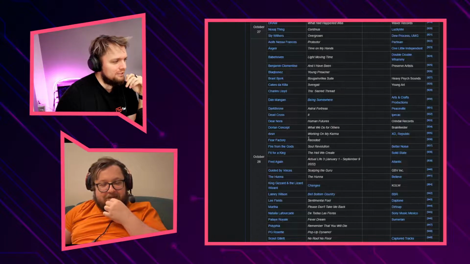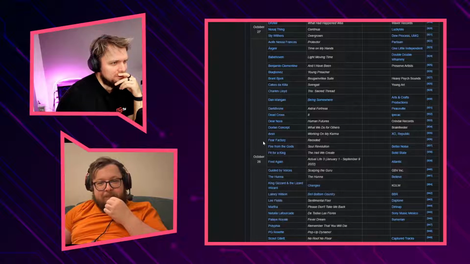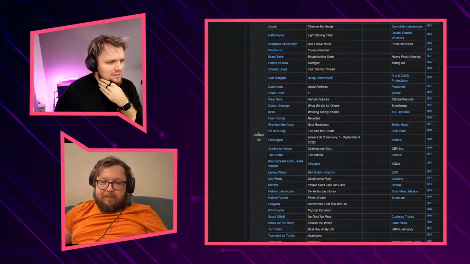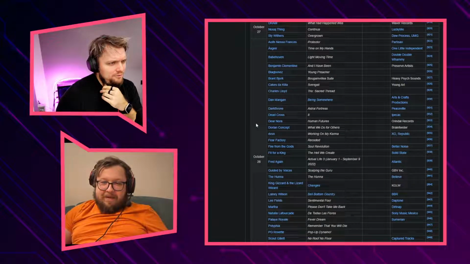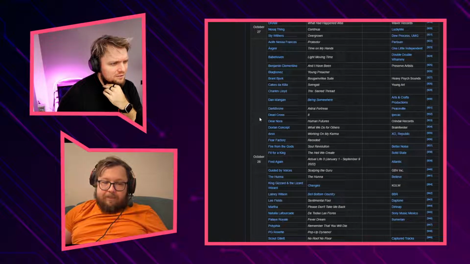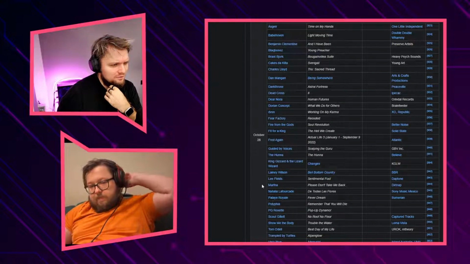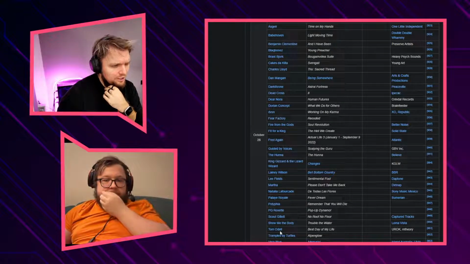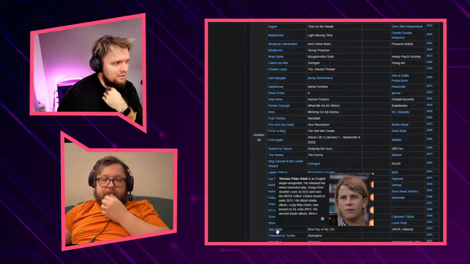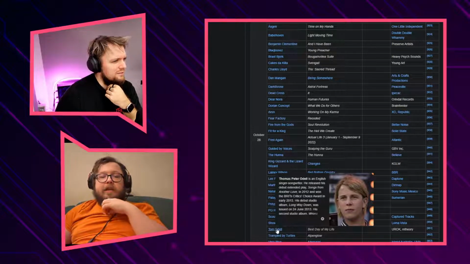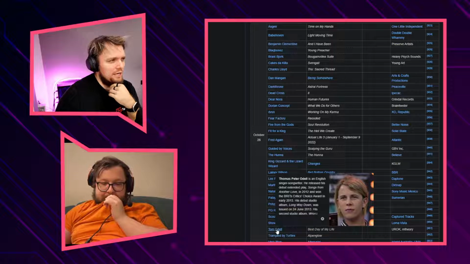All right, so what's happening in music this week? Yeah, I mentioned last week already that... Tom Odell.